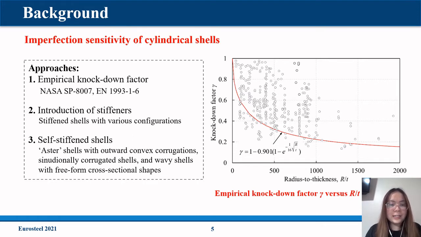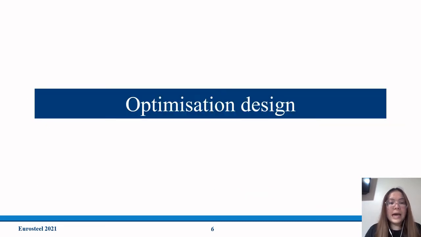As an alternative, self-stiffened shells are proposed against imperfection, such as the aster shell and the wavy shell with freeform shapes. Those two shells have corrugated cross-sections rather than circular cross-sections. Our study will focus on the aster and the wavy shell.